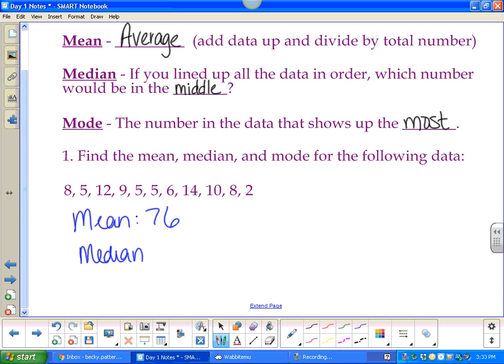To find the median, I need to line it up in order and find the middle number. And then find the middle.